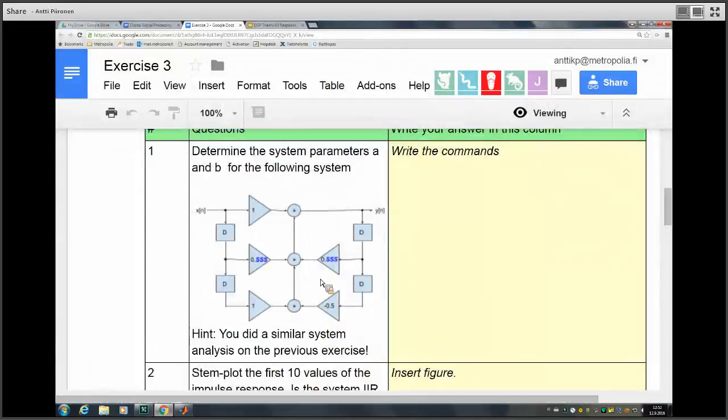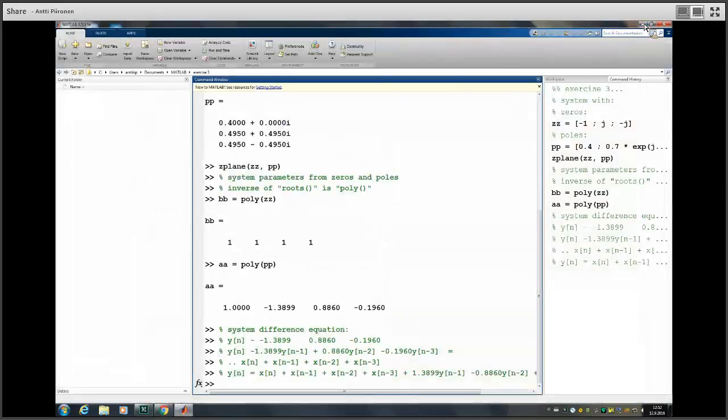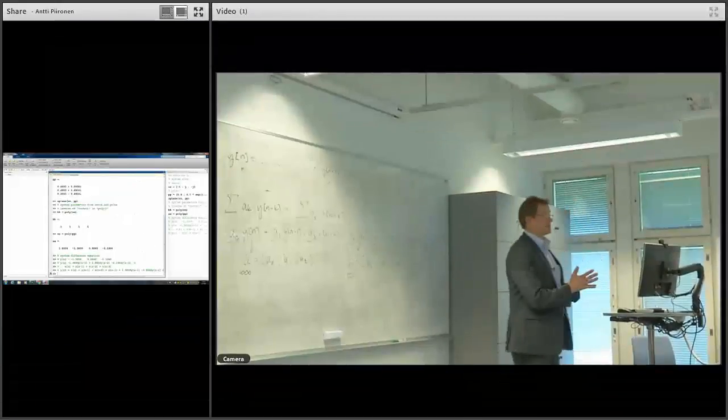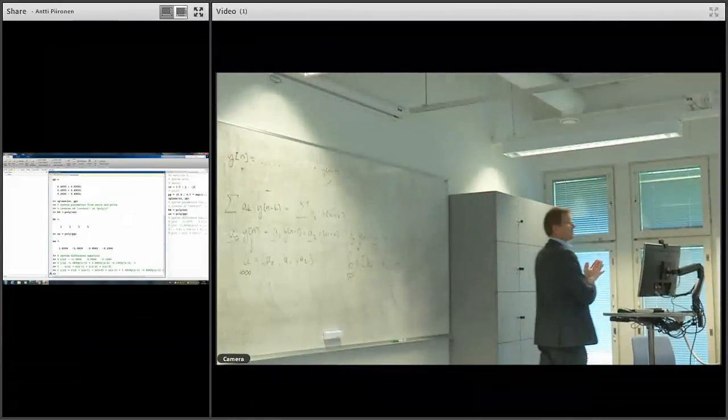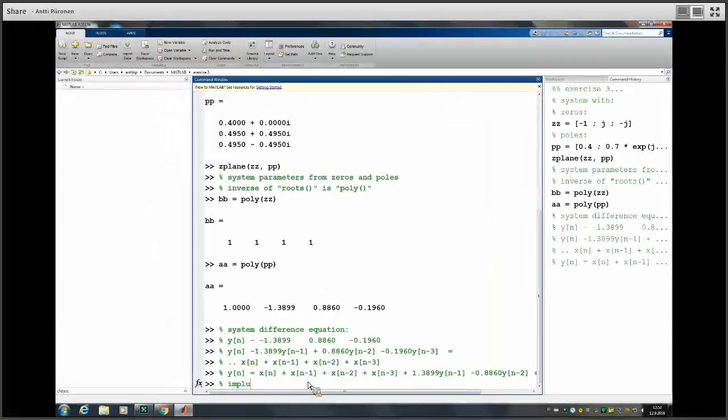And now we could actually stem plot the first 10 values of the impulse response. We first have to generate the impulse function. You know the drill basically.